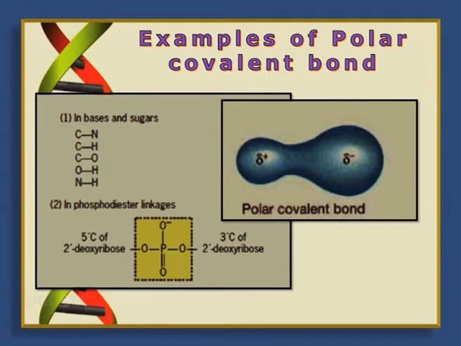We can find such examples of polar covalent bonds in nucleic acids between oxygen and hydrogen, between nitrogen and hydrogen, and between carbon and oxygen, existing in the nucleobases, in sugars, in phosphate groups, in phosphodiester bonds, etc.